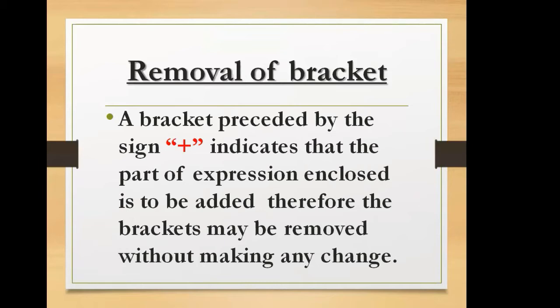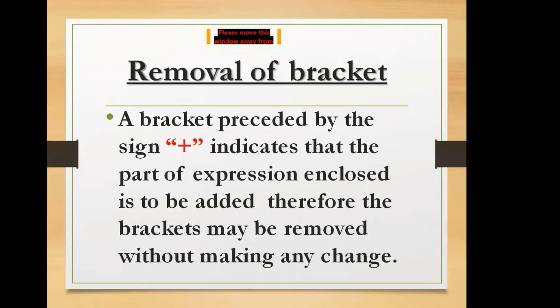Therefore, the brackets may be removed without any change. Simply, when we have a positive sign outside the bracket, there will be no change inside the bracket. The answer will remain the same.